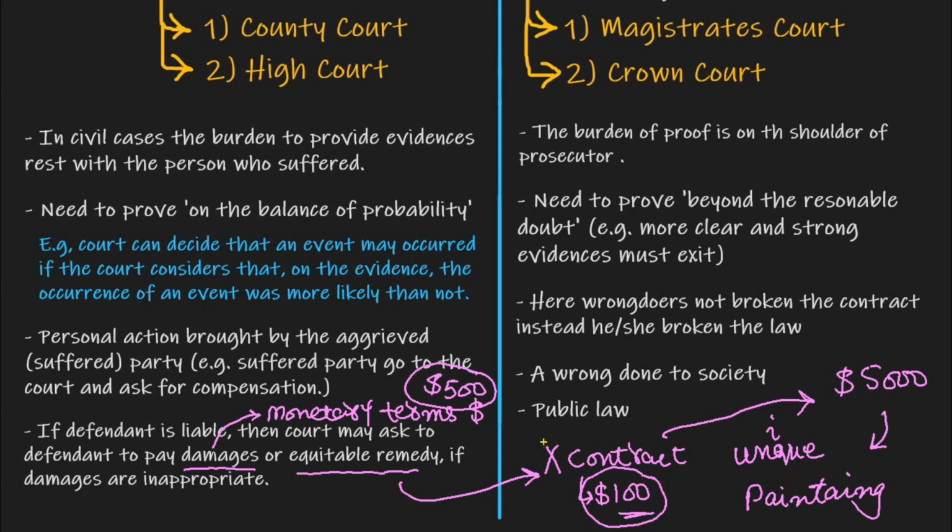Then in such a case, where the seller bypasses this contract, paying damages of 100 USD won't be fair enough, because the painting is actually worth more than $100. So in such a case, a court may ask the defendant to pay an equitable remedy instead of damages.